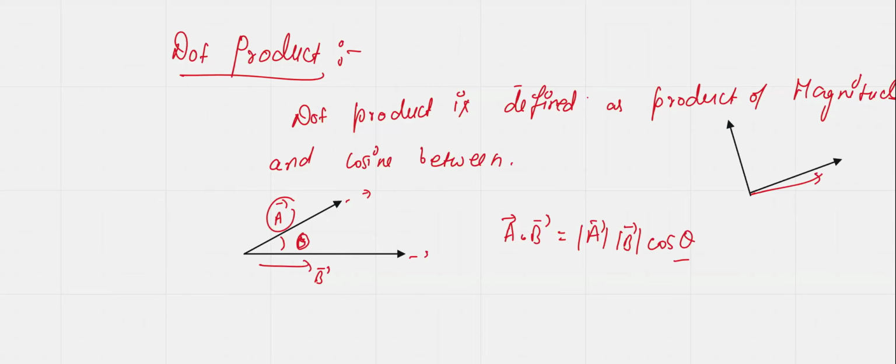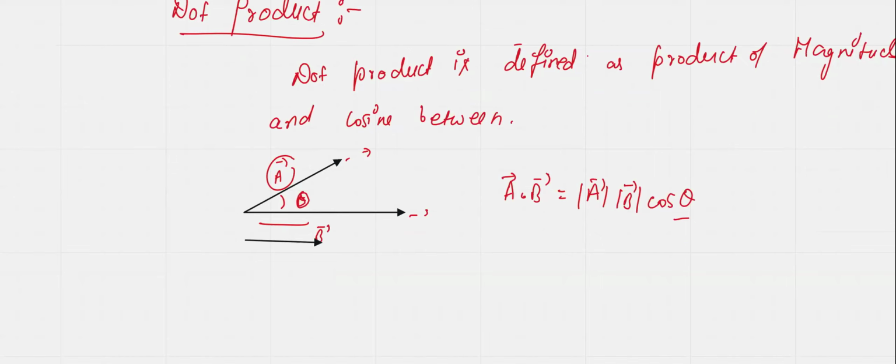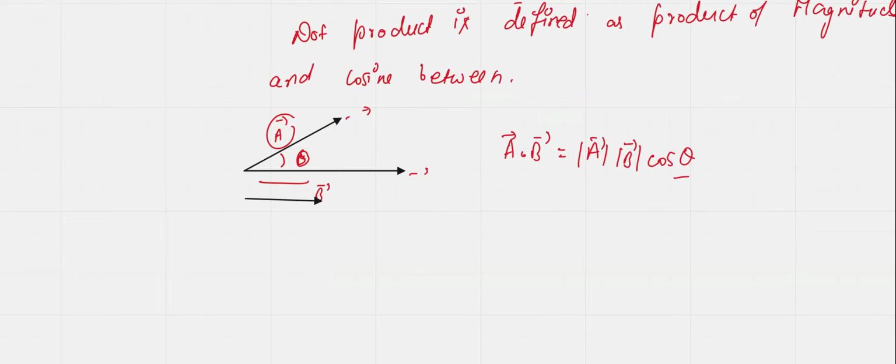So if this is angle theta, this part can be resolved a little bit downside. If I resolve it on this axis, only this portion of A is visible.